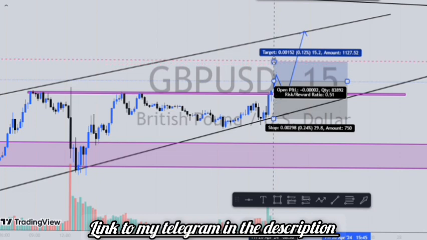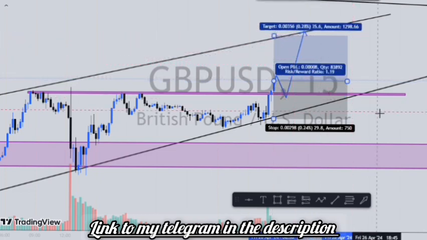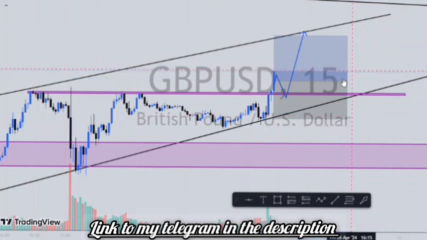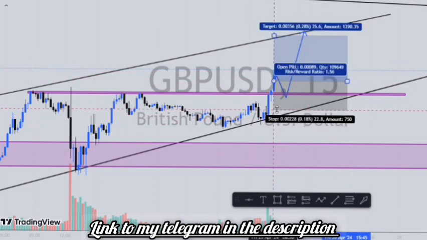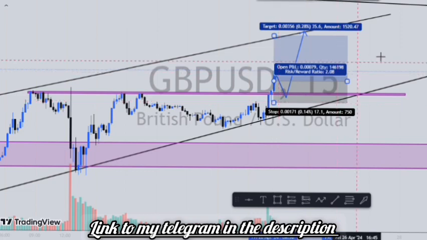This will be 1:2 or what? So 1:2. So this is how you can catch this whole move of this market, as you can see. But you can put your risk there.